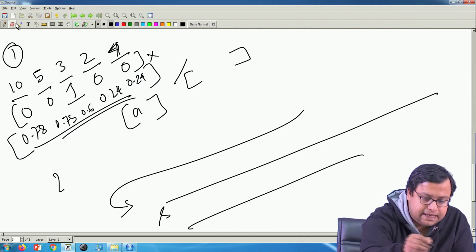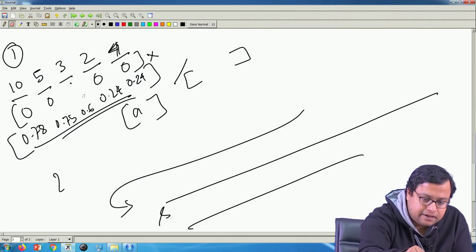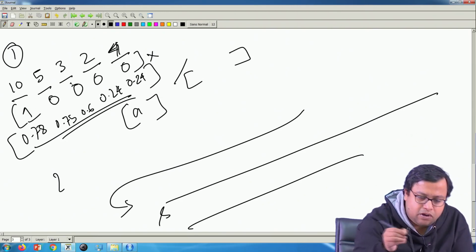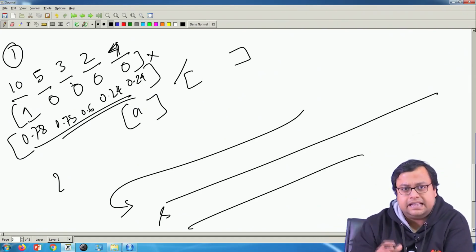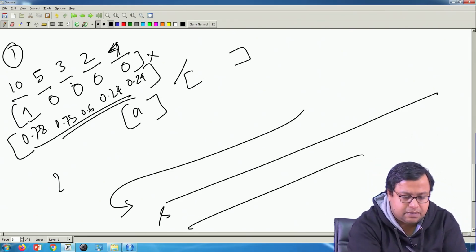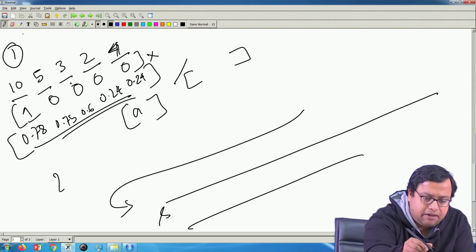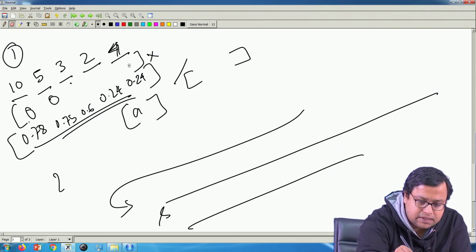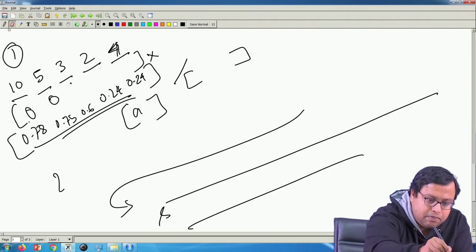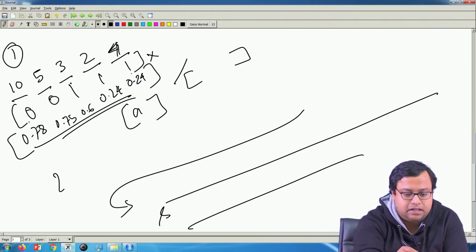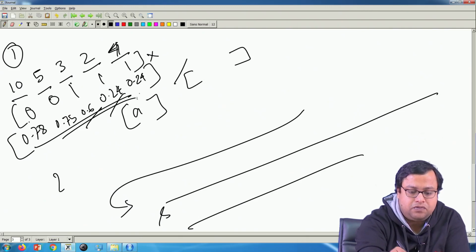Let us say instead of this particular person, this person was 1, that means your closest user has seen the movie. Obviously, that should increase. It would be 1 into 0.78. Or, if this was 1, this was 1, probably your closest person has not seen, but more people who are similar to you have seen. So, the numerator would have been 0.6 plus 0.24 plus 0.24.